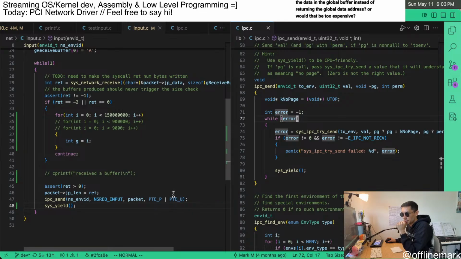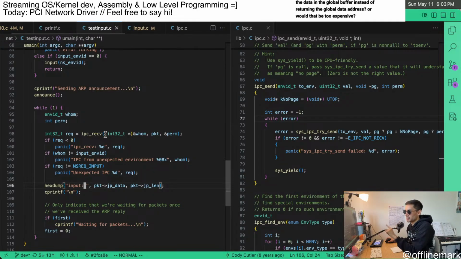Just to clarify, it's not true concurrency, but this process, the input, and the parent run in an exclusive fashion, kind of, from the CPU perspective.